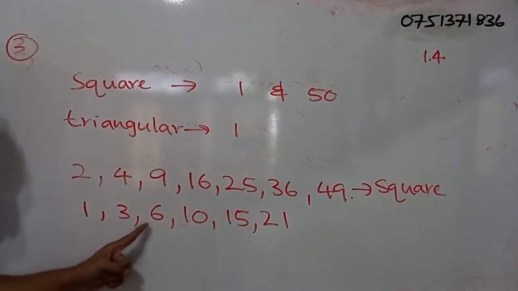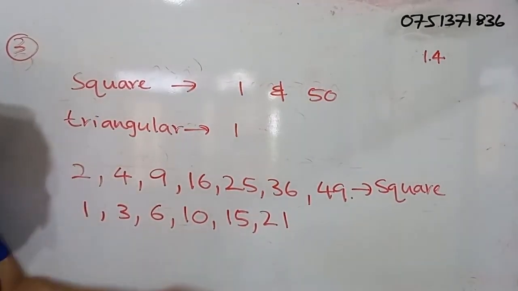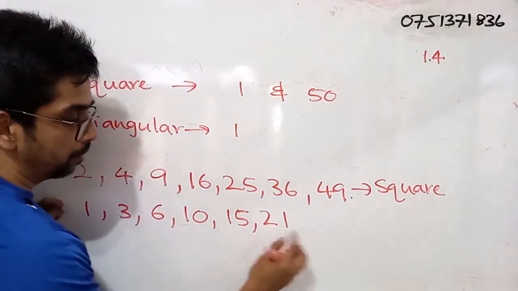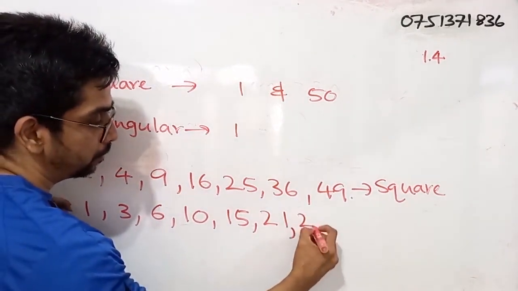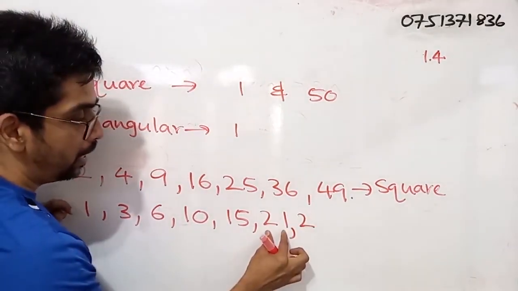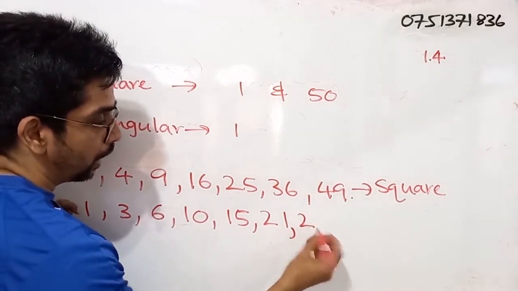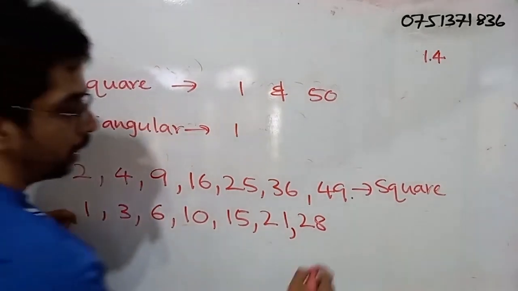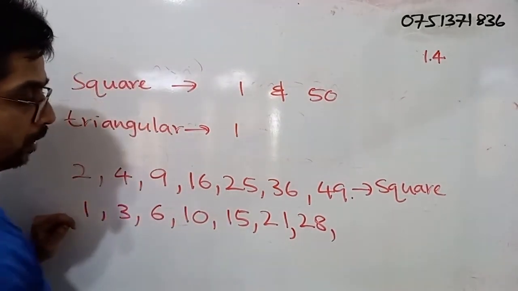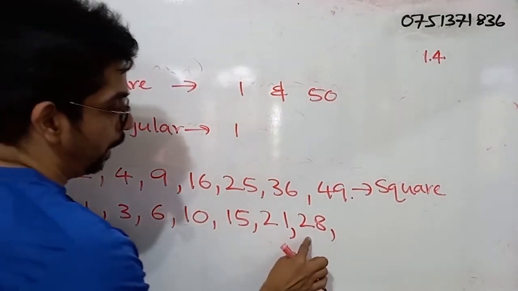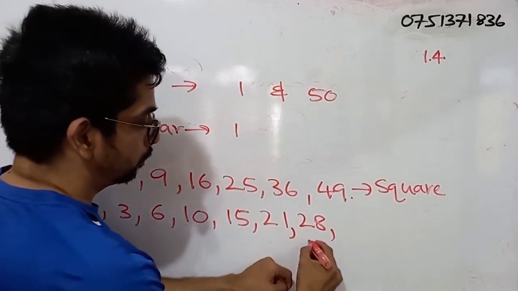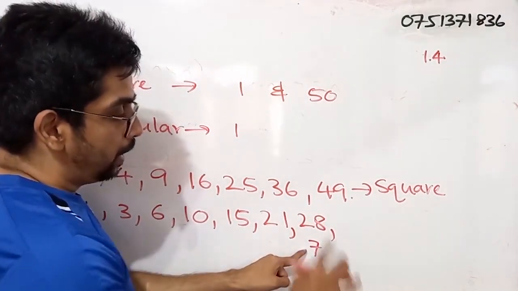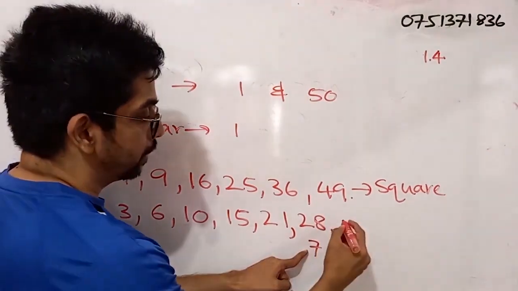Right? So 1, 2, 3, 4, 5. This is the fifth term. So this is the sixth term. Then the seventh term. That means we can add a 7 to 21. So that becomes 28. So this is the seventh term. Then I will add another 8.